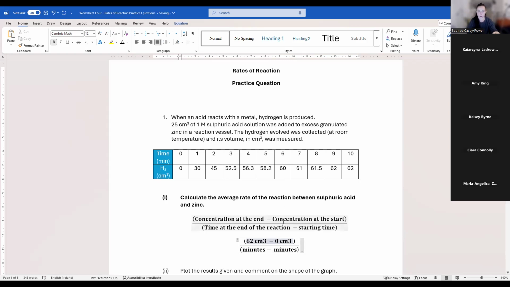Can everyone see where I'm getting those values from? Yeah, perfect. So the time at the end of the reaction is just your last time point, or how long the reaction actually went on for. In this case, it's 10 minutes. And at the very start of the reaction, it hadn't happened yet, so I'm just going to put 0 minutes there.